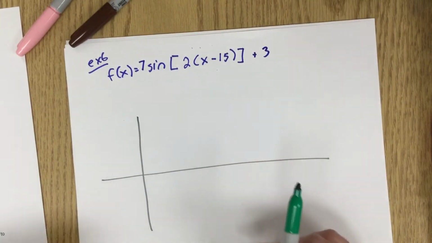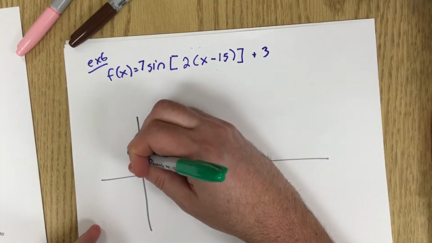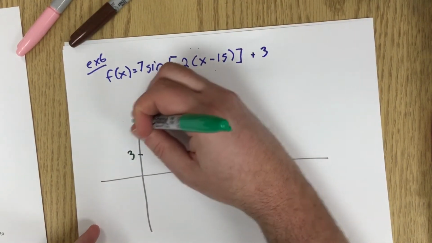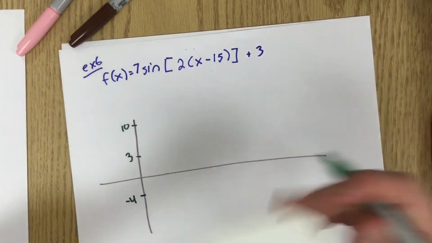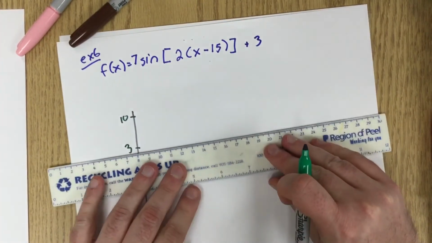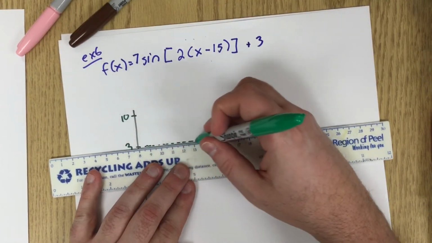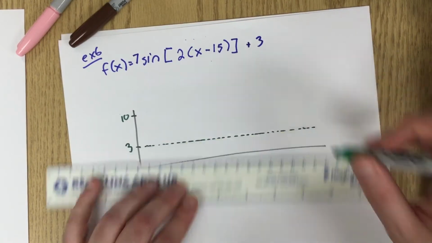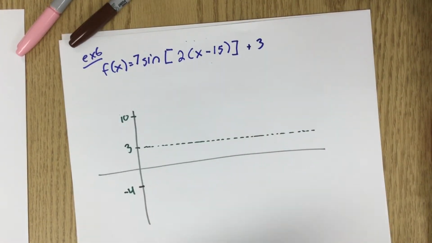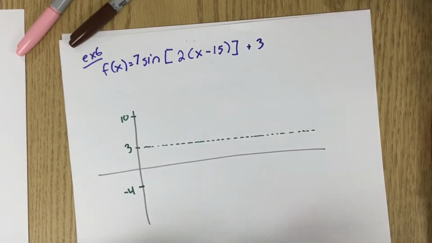The middle line is going to be at 3. We're going to go up 7 to 10. We're going to go down 7 to -4. That's kind of our dashy line. Oh, I didn't do it with the phase shift either. Oh well, I threw a lot of stuff in one example, but I think we could do it. So those are the green values.